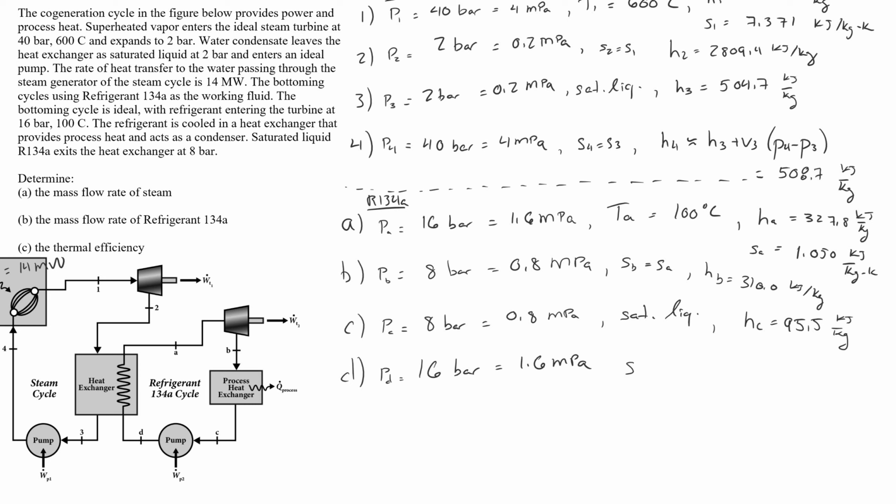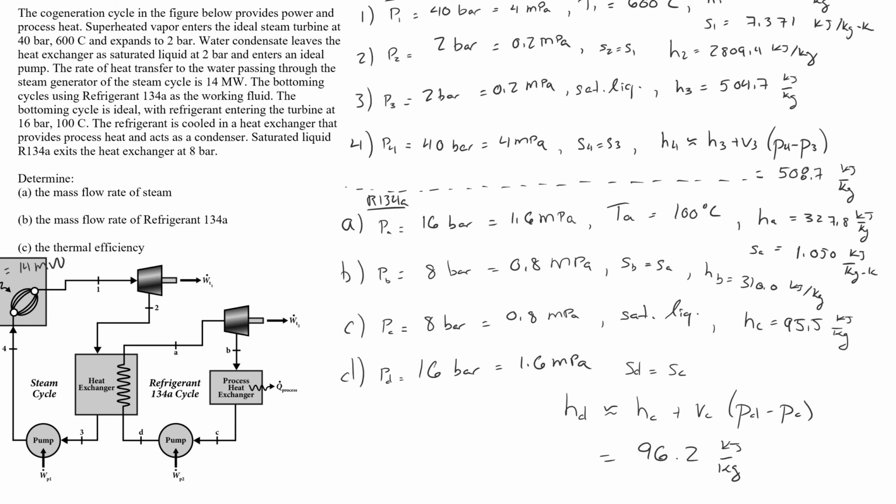And finally, I know that the entropy at D is equal to the entropy at C. So h sub D is approximately h sub C plus v sub C, P sub D minus P sub C. And that gives me an enthalpy value of 96.2 kilojoules per kilogram.